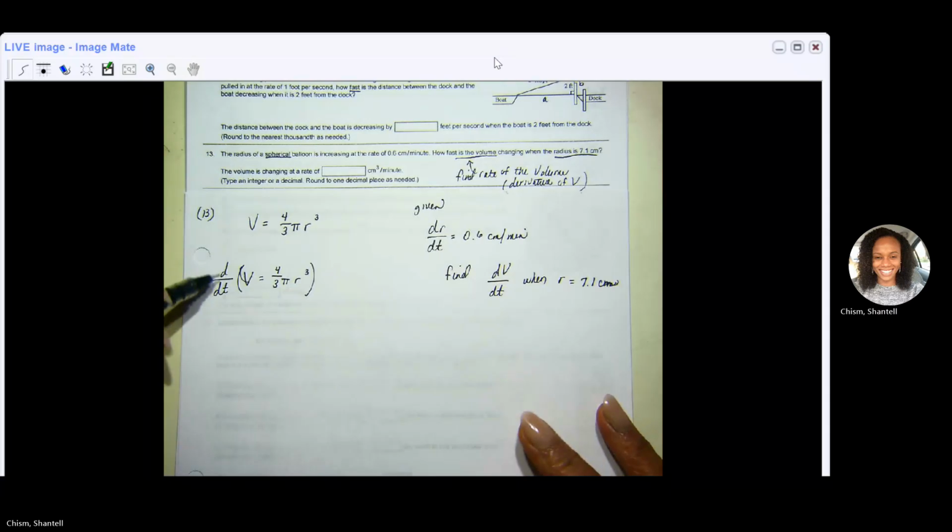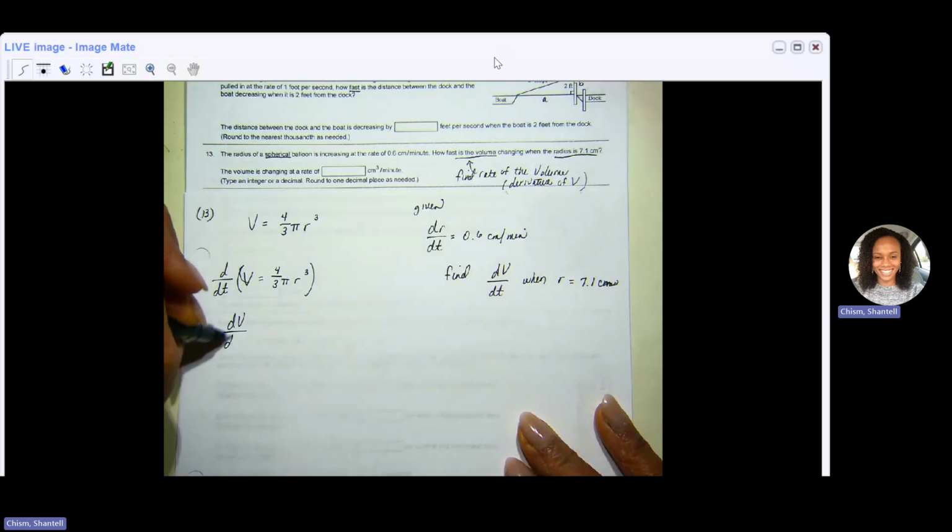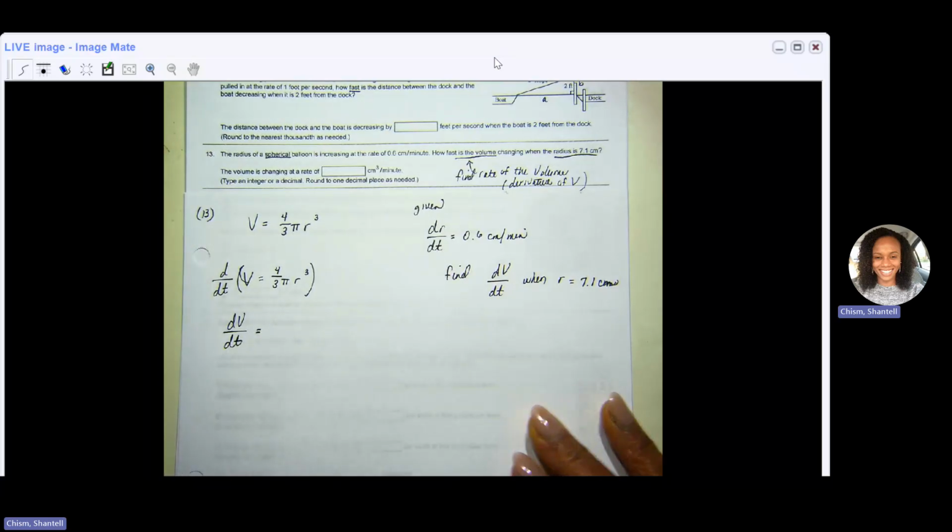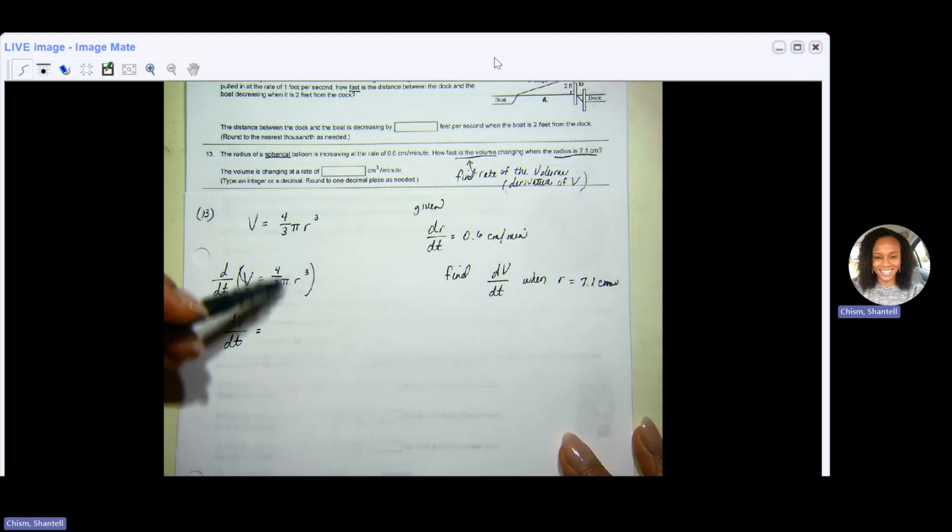So when we take the derivative of V, basically the derivative of V with respect to t is just dV over dt, and that's the only thing on that side of the equation. So we've got that equals. Now here, the r is the variable. Remember, these are numbers, constants, coefficients.